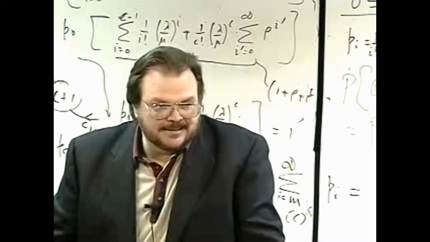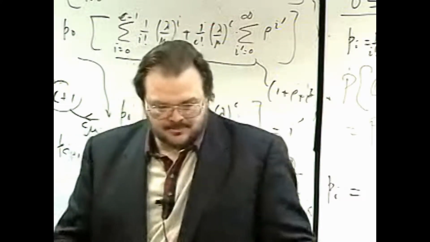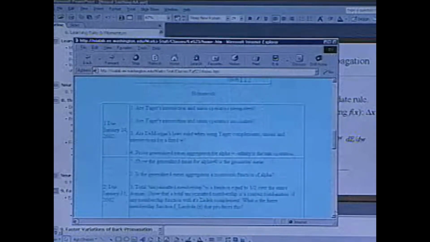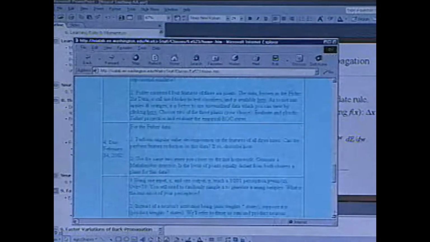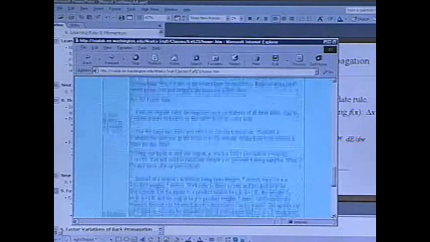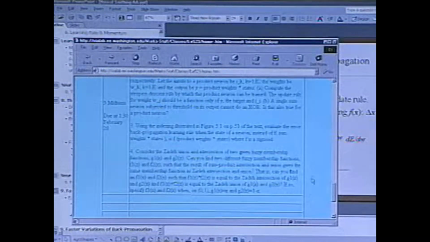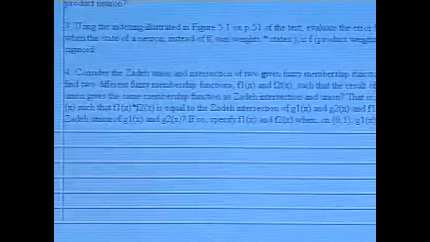On the fourth one, do we know what a sum product complement is? It talks about sum products and all that. Let's take a look at this. This is number 4. It says, consider the Zadeh union and intersection of two given fuzzy membership functions.